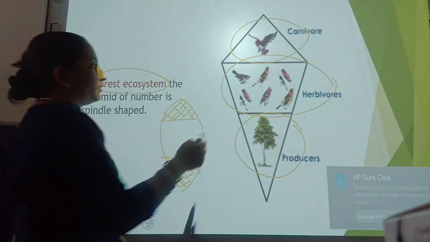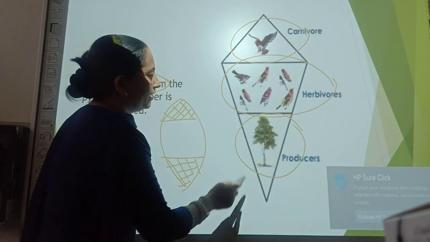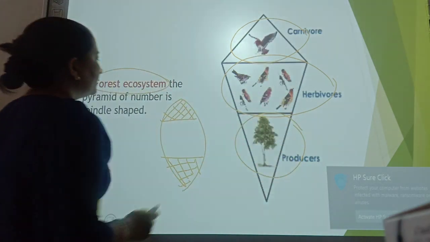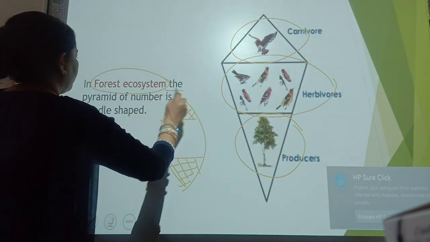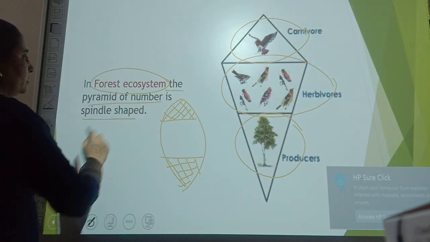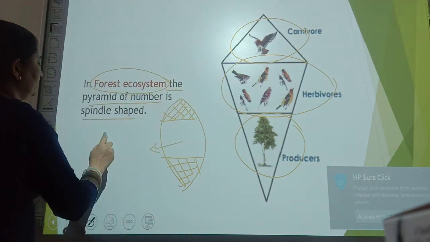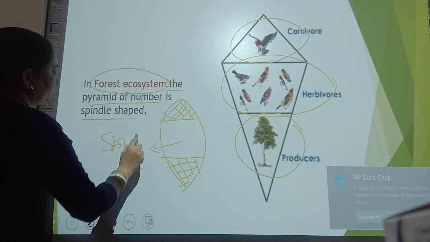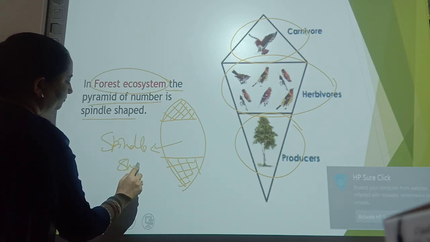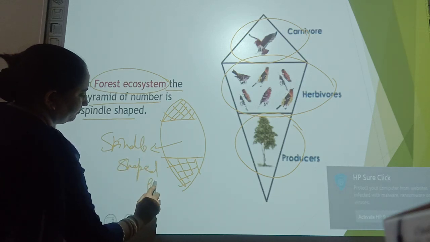So the middle is broader than either side. So the pyramid of number is spindle shaped pyramid.